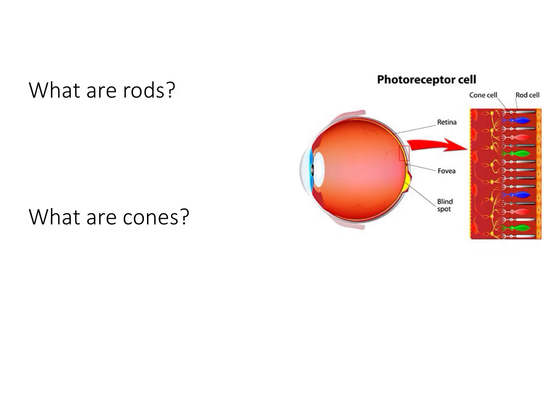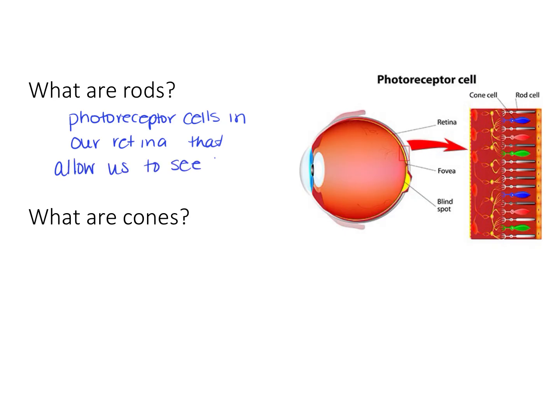So rods are photoreceptor cells that are in our retina that allow us to see in the dim light and the dark.